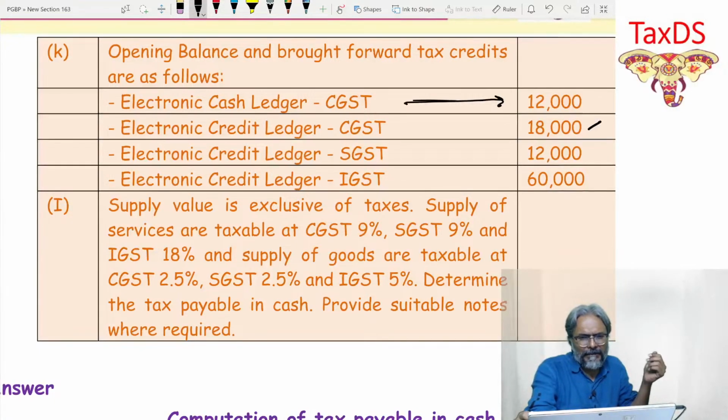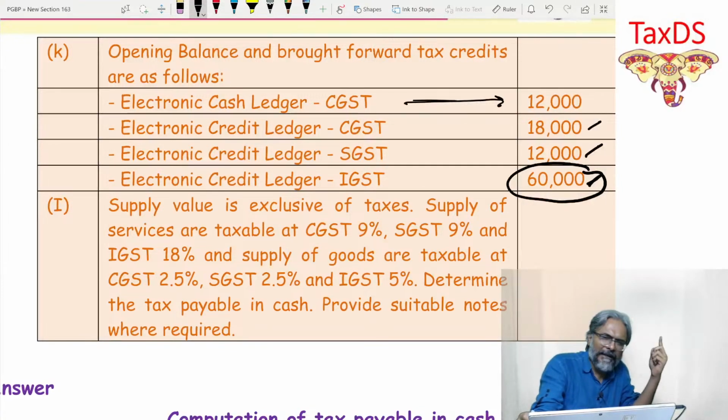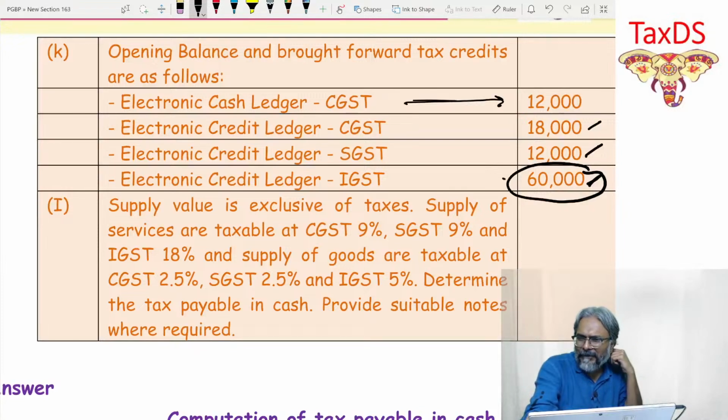Electronic credit ledger, this much is there. SGST is there and IGST is there. Now, students, IGST is there, 60,000. So obviously, the IGST credit would be first adjusted against IGST liability. Now, the balance portion of IGST credit, I will first try to use for SGST because already the electronic cash ledger has a CGST deposit.